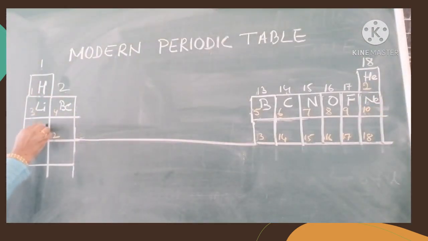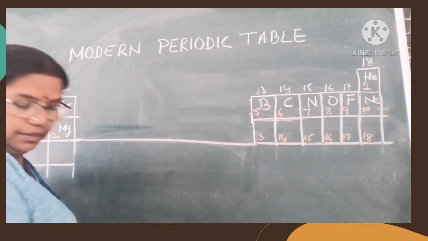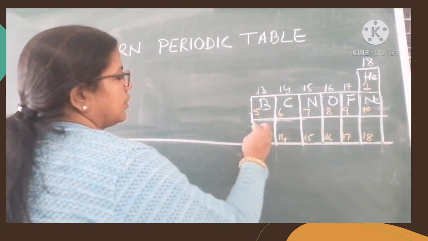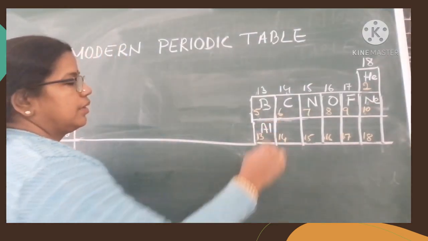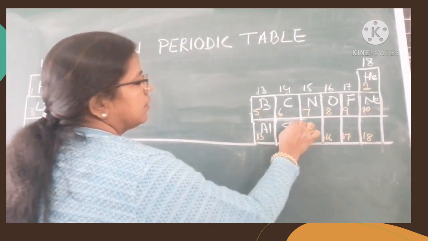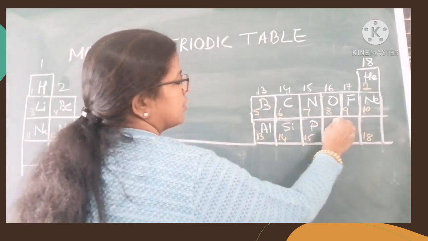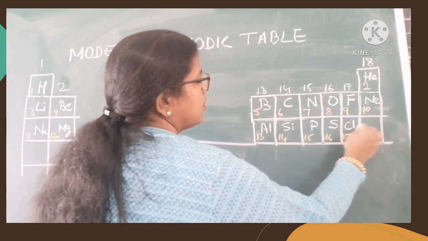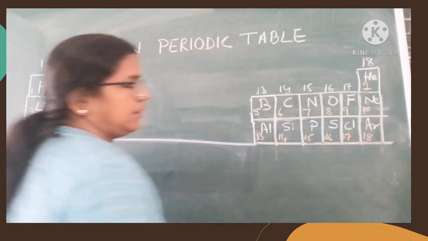11, sodium. Then 12, magnesium. 13, aluminium, silicon, phosphorus, sulfur, chlorine, argon.